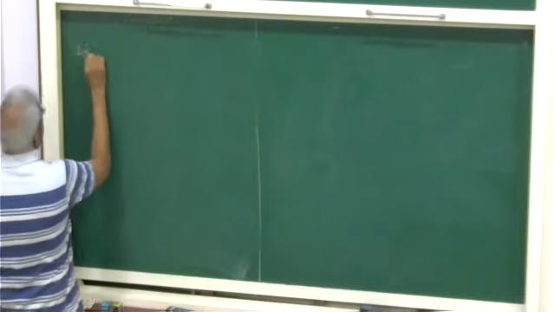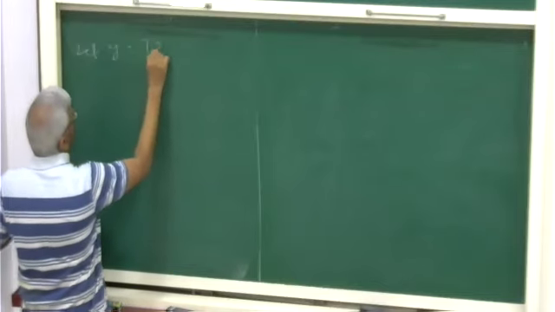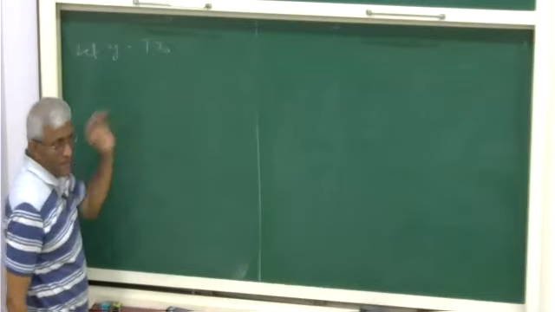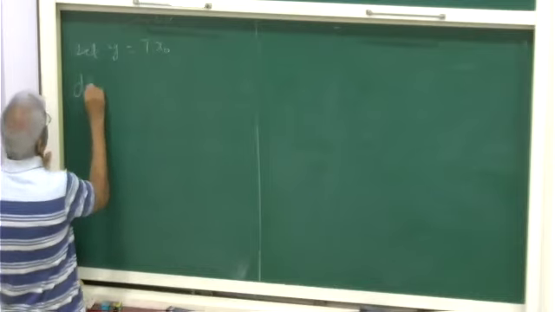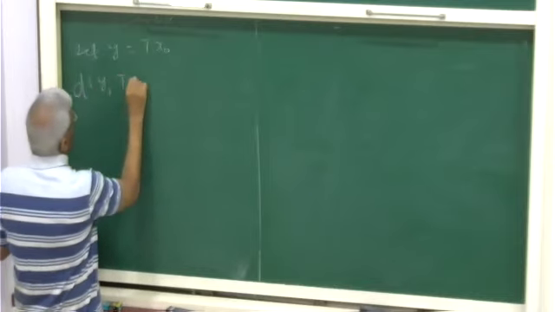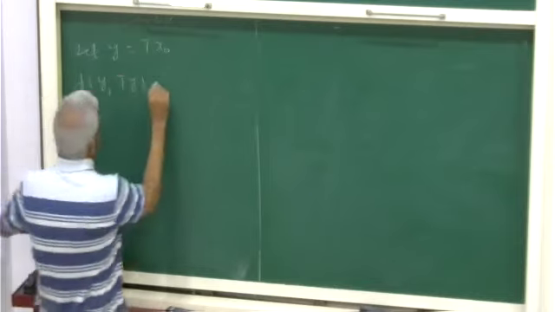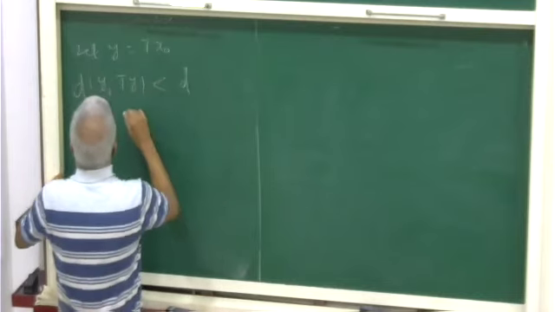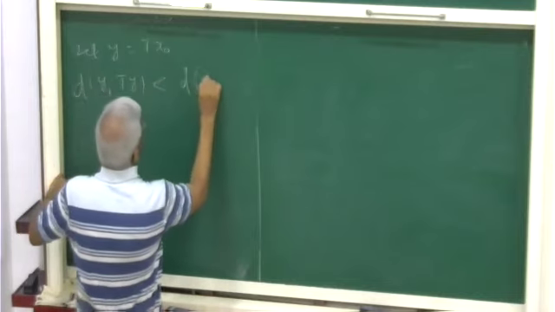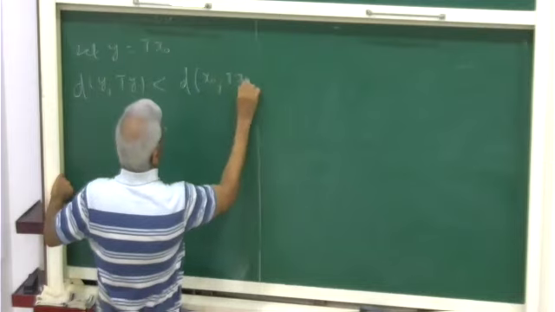If not, let y equal Tx naught. We want to show y is itself x naught. So then we consider d of y, Ty. By definition, this should be less than d of x naught, Tx naught.